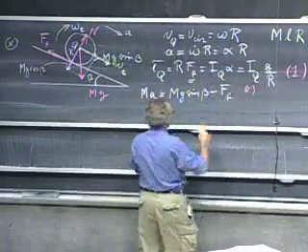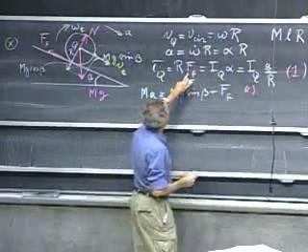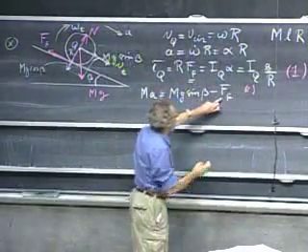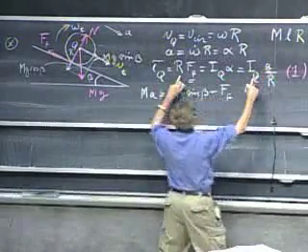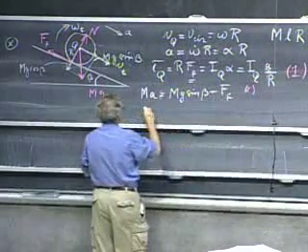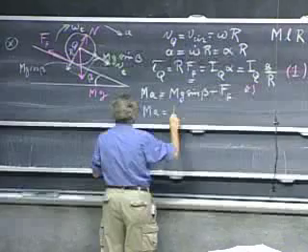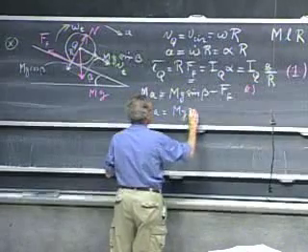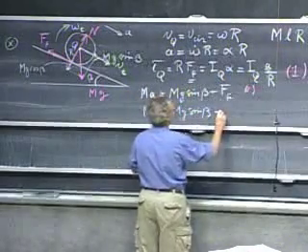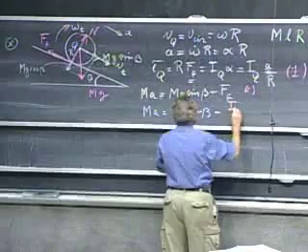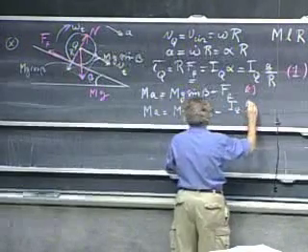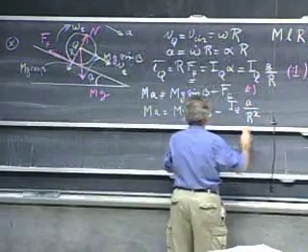I can eliminate f_f, and I will substitute for f_f in here this quantity divided by r. And so I get ma equals mg sine beta minus moment of inertia about point Q times A divided by r squared.